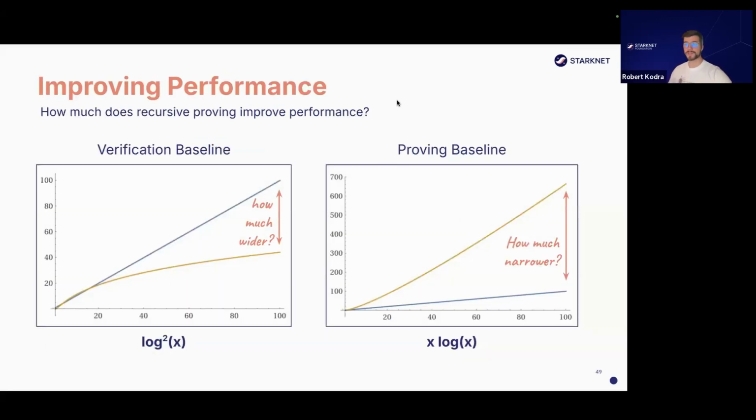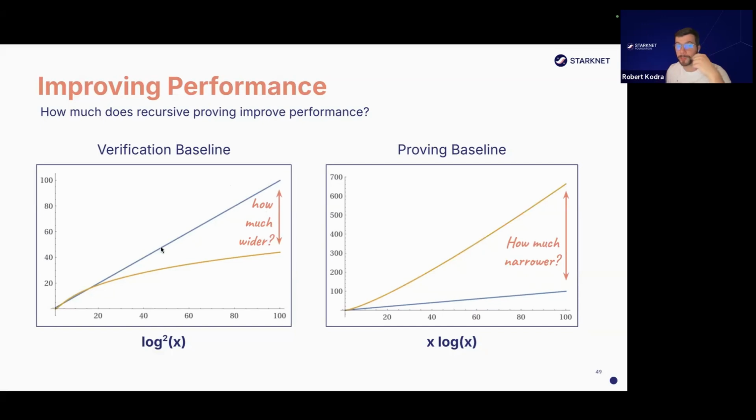So now let's see how performance improves. How much does recursive proving improve the performance overall? We have two main objectives here: the verification baseline and the proving baseline. Initially, with the verification baseline, we look at how much wider the gap between these two is.